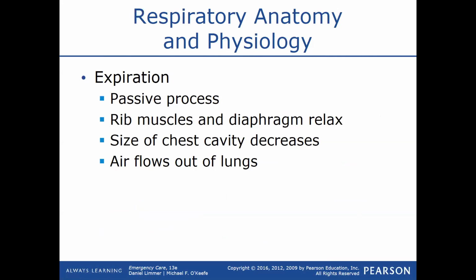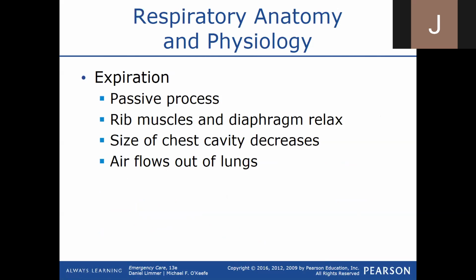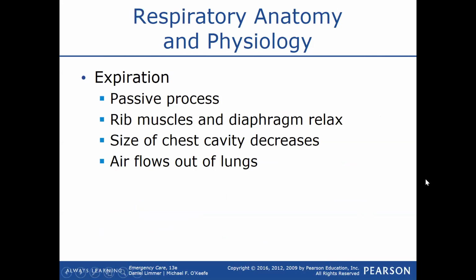All right, so expiration, a passive process. Passive process just means that you don't have to work for it. It happens without you having to contract any muscles or anything of that sort. So the rib muscles and diaphragm, they just relax. And as they relax, your thoracic cavity, and Seth, what is the thoracic cavity in layman's terms? That's your chest. Your chest, perfect.